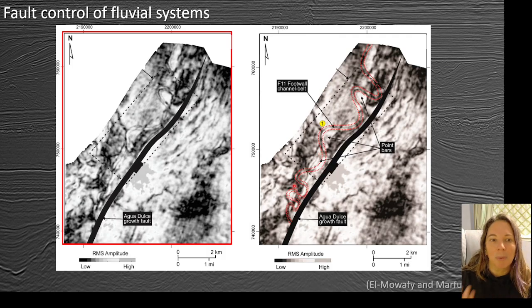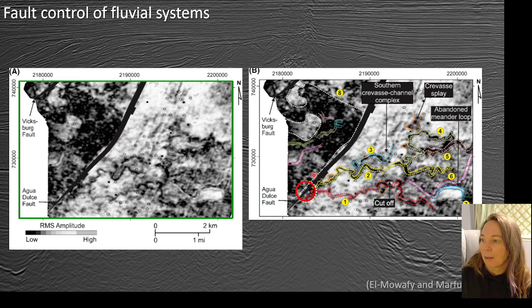And so then knowing about the channel system and what we would expect with such a channel belt, we can pick out some of the point bar areas and then see how it's related to the fault. Here I'm zooming in a little bit more into the green square, those down on the lower left-hand side. So kind of on the terminus of the Agua Dulce fault in this area.